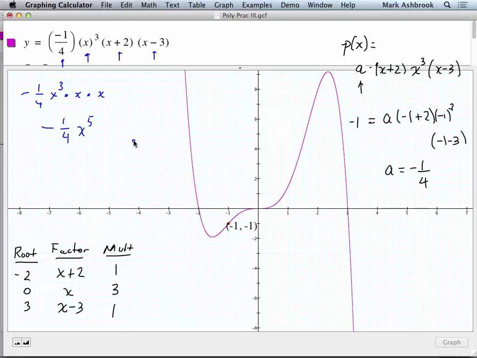Does it agree? Yep. So our end behavior to the right, y is decreasing, very large negative. Okay, what about when x becomes very large negative? What does y do? So what about x to the fifth? Positive or negative? Negative times -1/4 is positive.